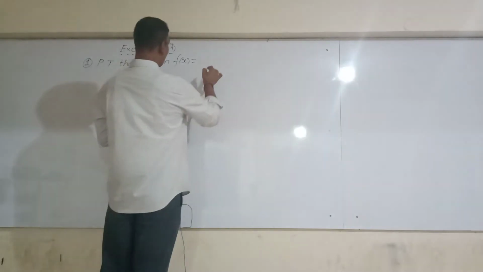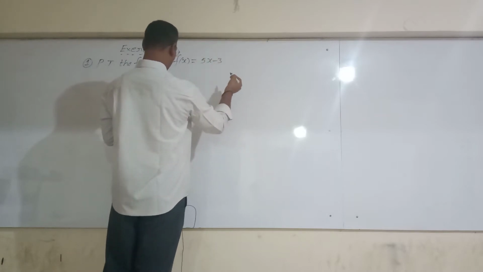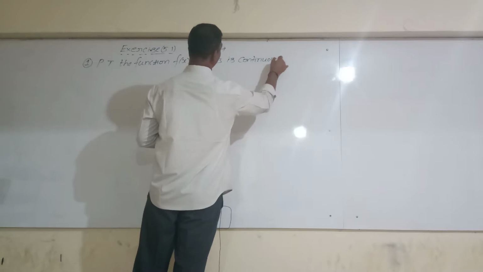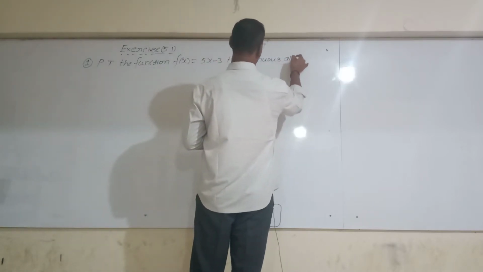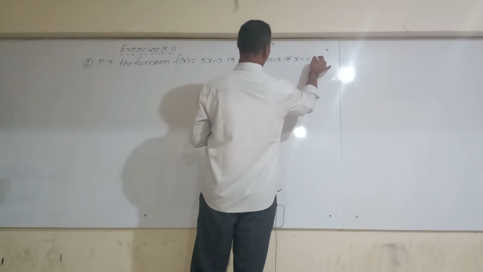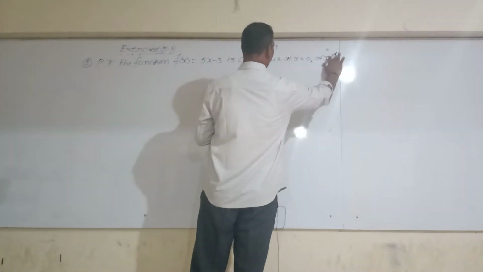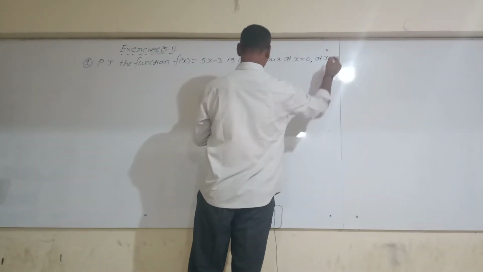Prove that the function f of x is equal to 5x minus 3 is continuous at x is equal to 3, at x is equal to 0, at x is equal to minus 3, and at x is equal to 5. So this is the problem.